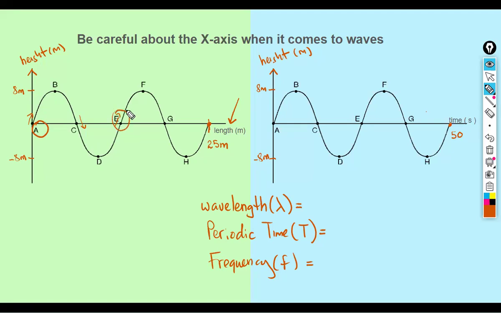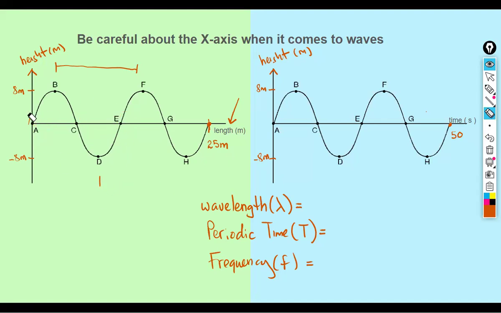In other words, in most cases, a wavelength consists of one up and exactly one down, or the distance between two crests, or the distance between two troughs. But one going up and another point also going up would also be considered a wavelength.